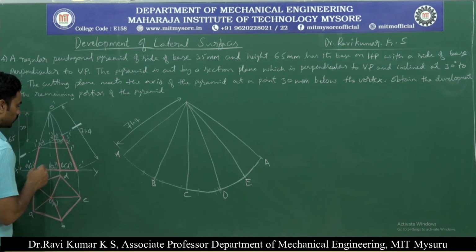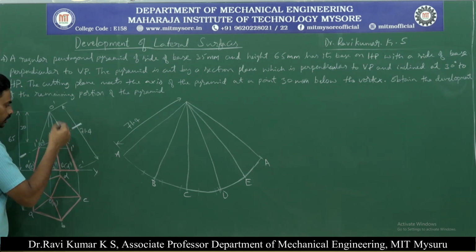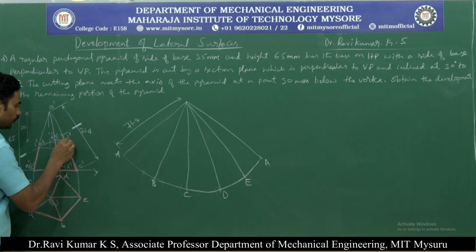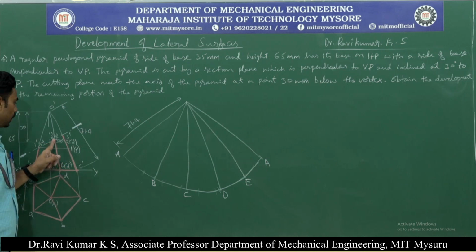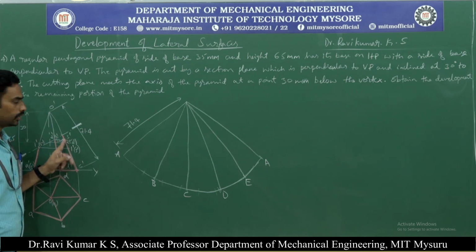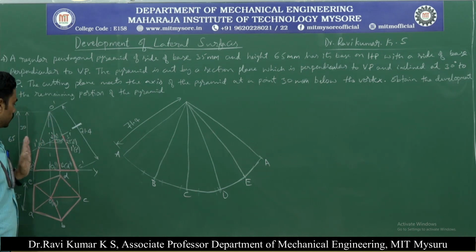This is the new 2 dash. Similarly, 3 dash is already on that particular line. 4 dash is this, and 5 dash is this. So you need to extend 1 dash 5 dash to the true length line, 2 dash 4 dash to the true length line, because you need to measure the true length. So each and every point you need to extend to the true length.